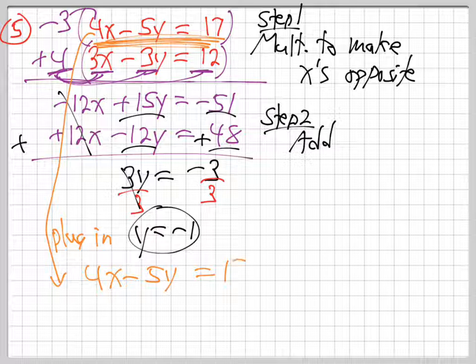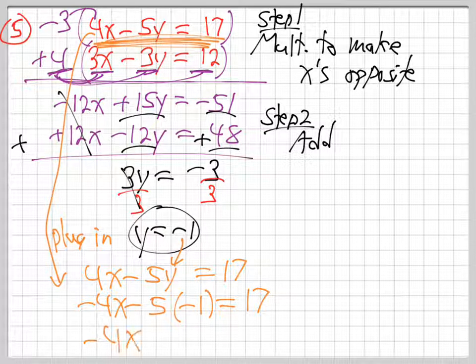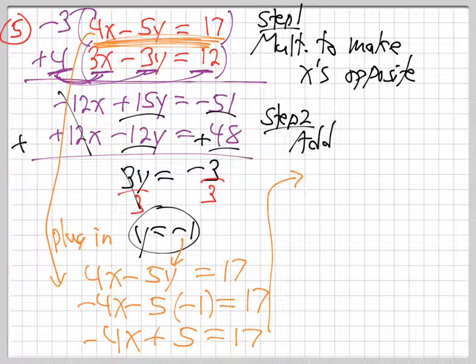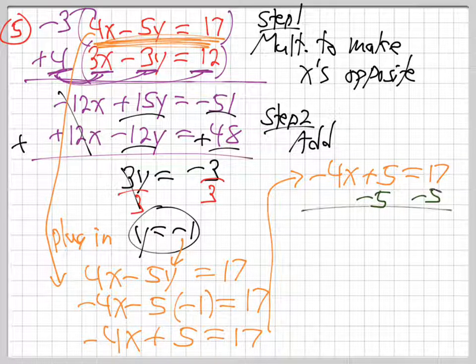4x minus 5y is 17. Plug in the y, which is -1. 4x plus 5 is 17. Bring it up here. Finish solving now for x. Subtract 5.